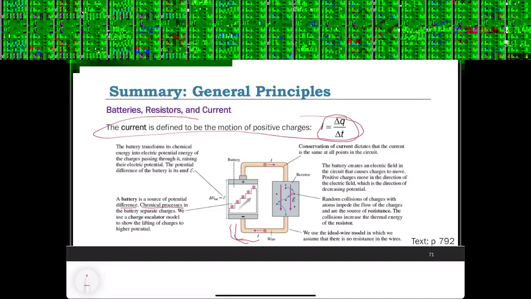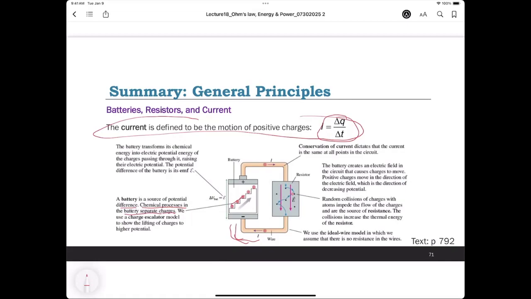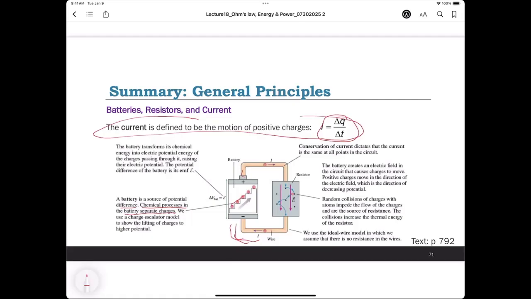Chemical processes in the battery separate charges. We use the charge escalator model to show the lifting of charges to higher potential, and the battery transforms its chemical energy into electrical potential energy of the charges passing through it, raising their electric potential.